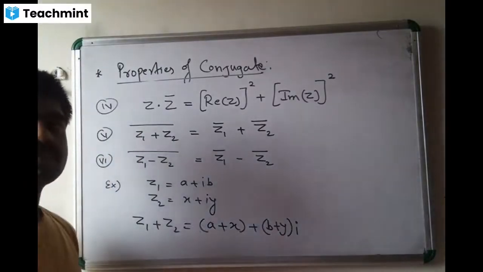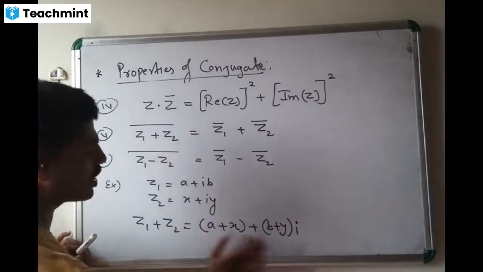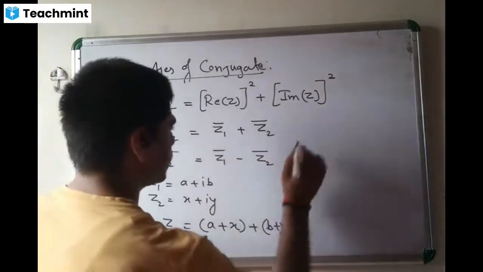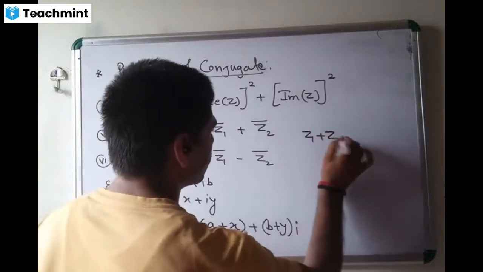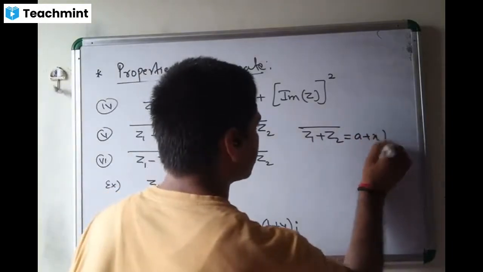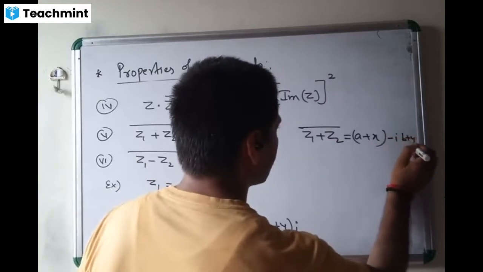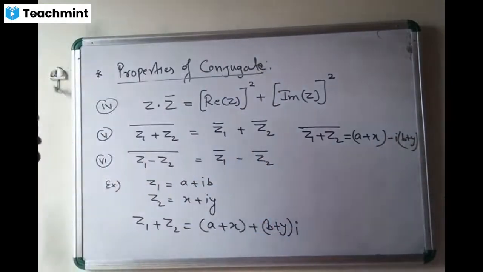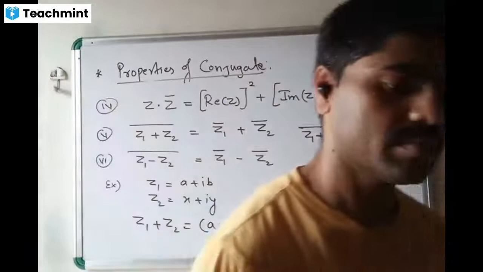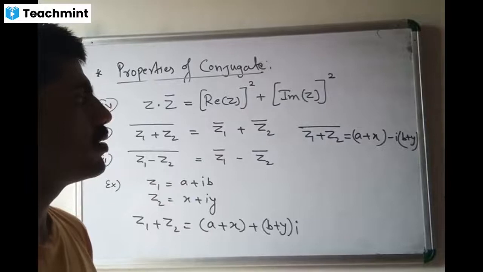Yes, sir. And now to find the conjugate of this Z1 plus Z2, you have another complex number, and to find its conjugate, conjugate of Z1 plus Z2 is equal to A plus X minus I into B plus Y. Yes or no?